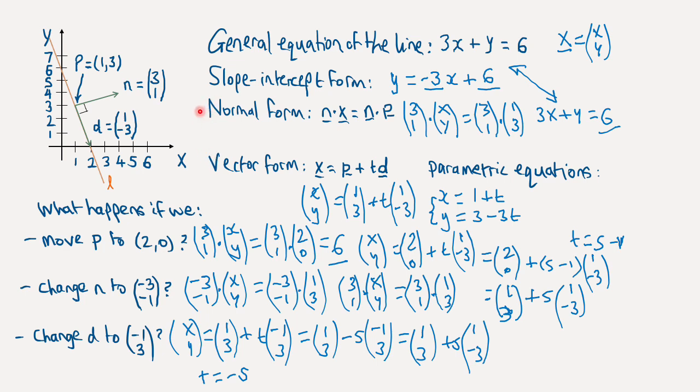When you're writing equations in the normal form or the vector form, you have to pick a point P and a normal vector and a direction vector, and there's a certain amount of arbitrariness around how you pick those, but as we've seen, it doesn't really matter. So point P and normal vector and direction vectors are picked for convenience, and often they're picked in a way that makes the resulting normal form or vector form as simple as possible.